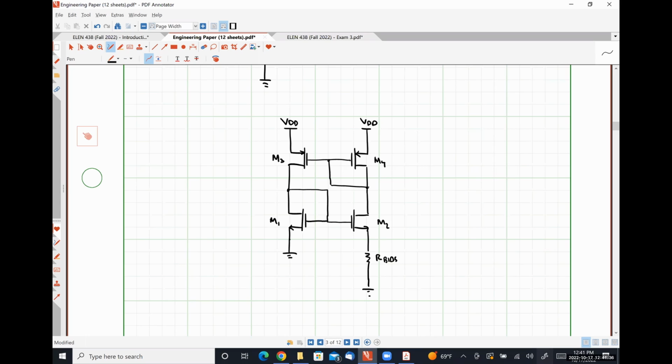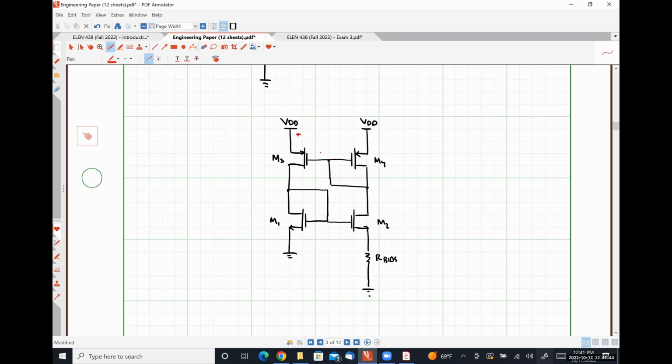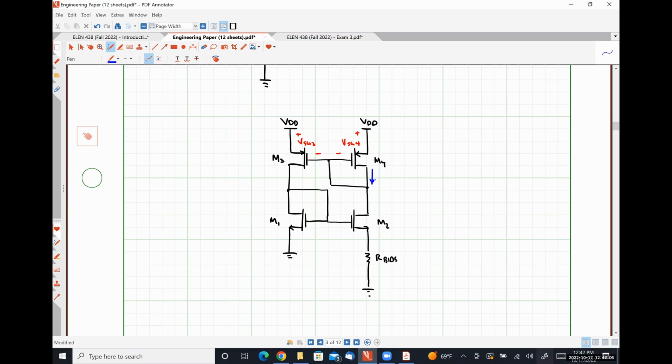Anyway, so let's talk about how this thing works, okay? So here is VSG3. Here is VSG4. How are those two quantities related? They're the same thing. So what that means is that M4 is carrying a current of I reference, whatever it happens to be.